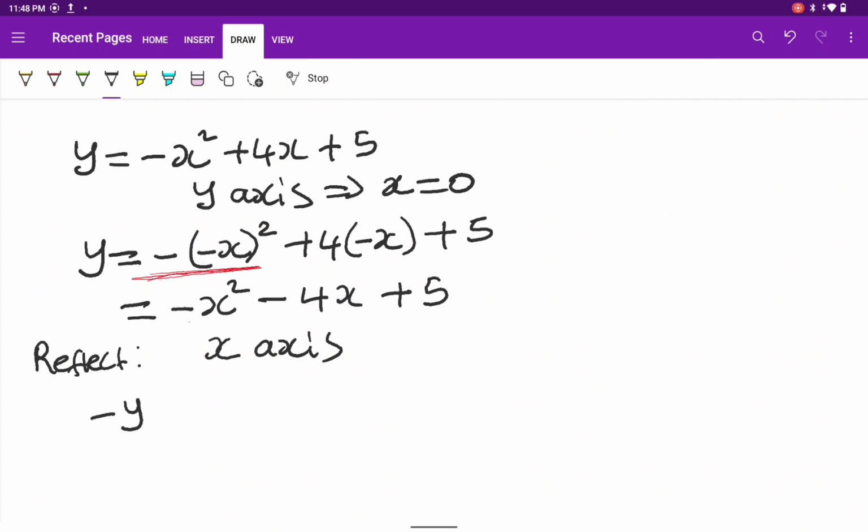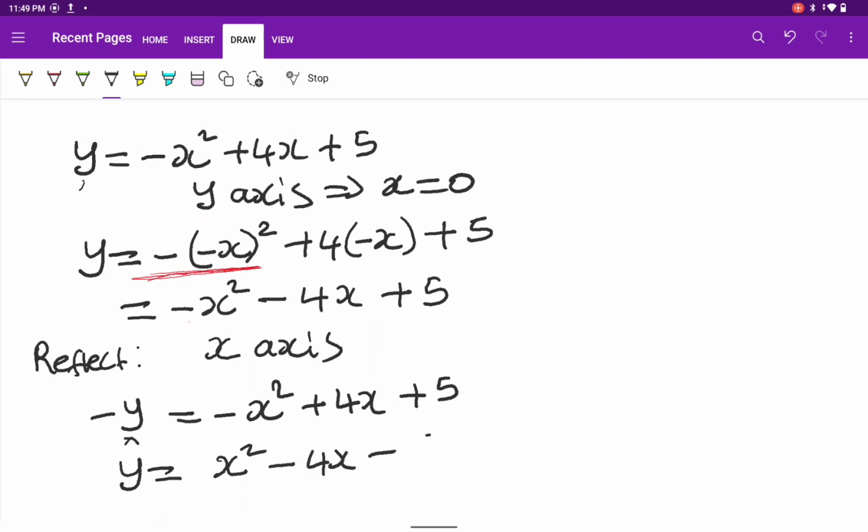If we look at the same function here, we will have minus y equals minus x squared plus 4x plus 5. So y has changed the sign, right? In this case we just multiply by negative 1 throughout, so the equation would be y equals x squared minus 4x minus 5. So that is when we reflect along the x-axis.